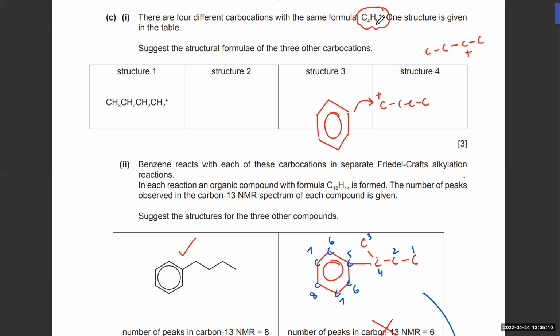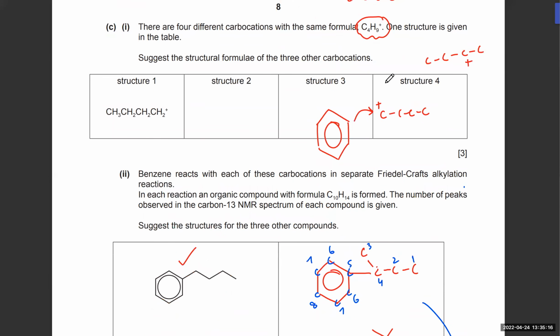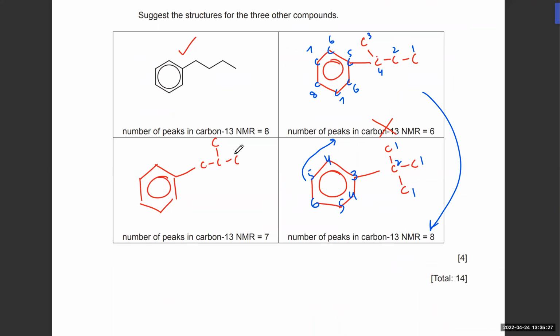Okay, you've got a C4H9 plus 1 coming in, so how many different ways can the C4H9 plus 1 be, and you don't even know what it looks like, whether it's 4 carbon atoms and the plus 1 is at the end, or it's on the second one, or it's branched. Okay, there may be 2 options, whether the plus 1 is over here or right in the middle. But this question was difficult.